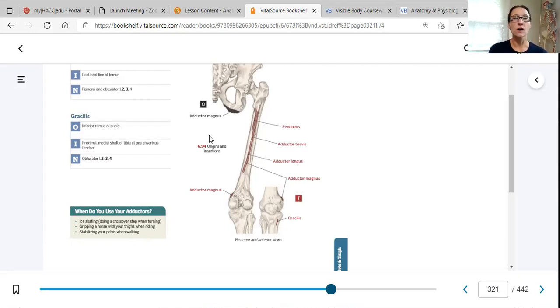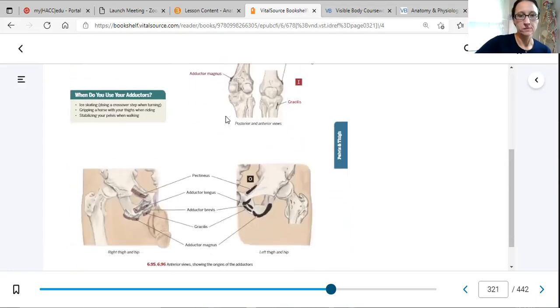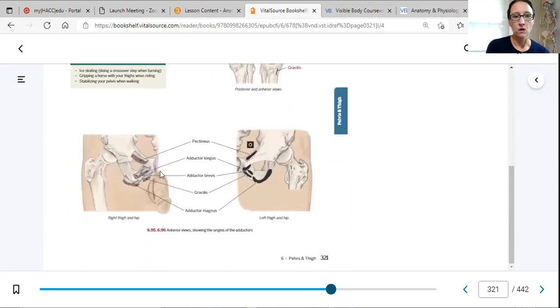All right, so as far as origin is concerned, we have the inferior ramus of the pubis, which is not shown here, but that's okay. The inferior ramus of the pubis is shown on page 320, so you'd have to back up a little bit. Or if you have your book open, you can see all of the origins along the coxal bone here.